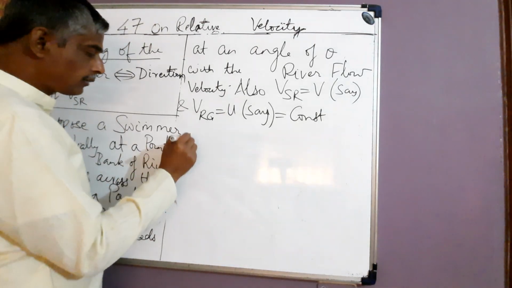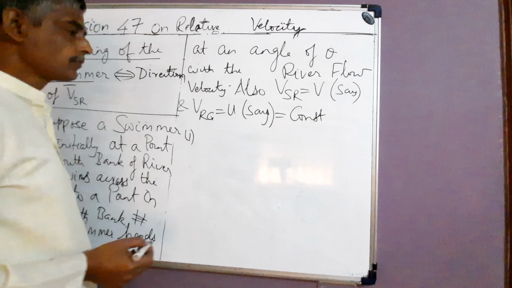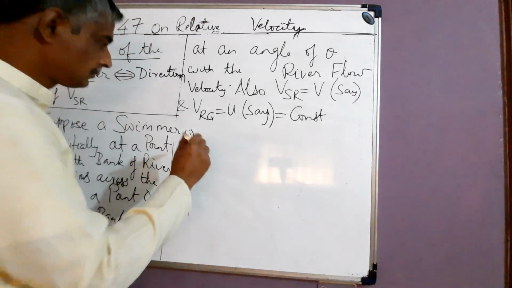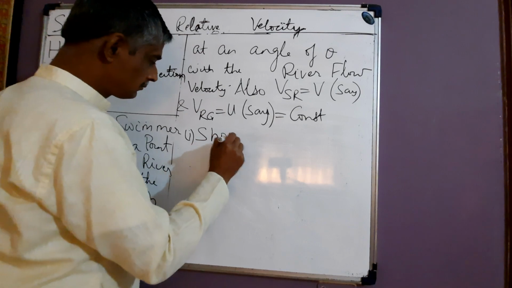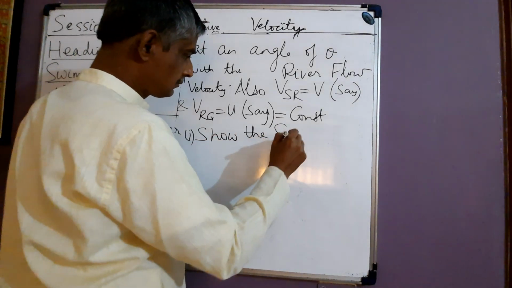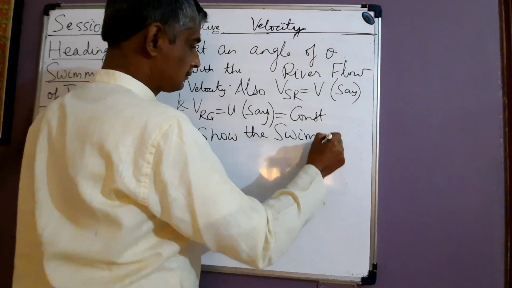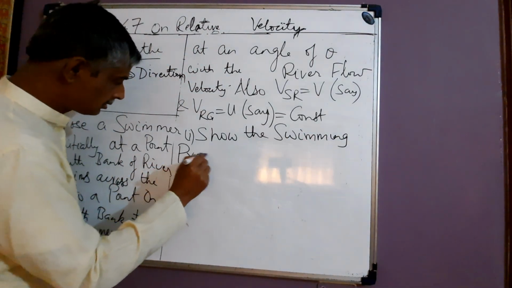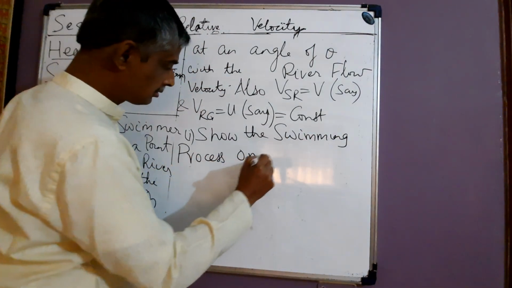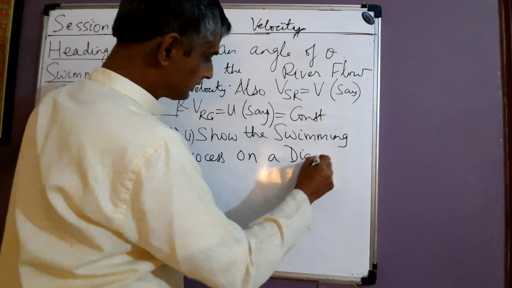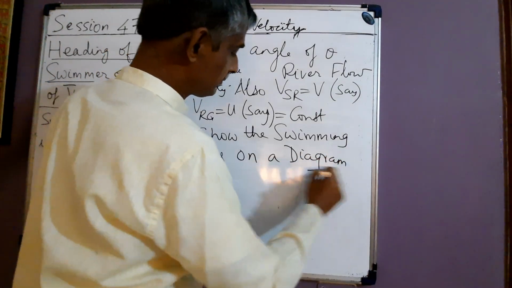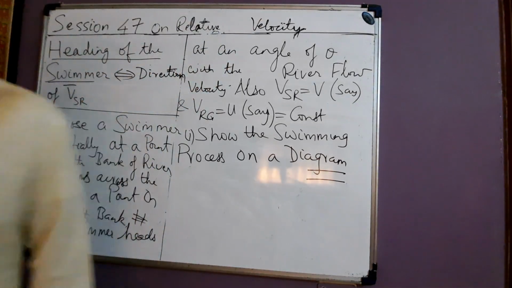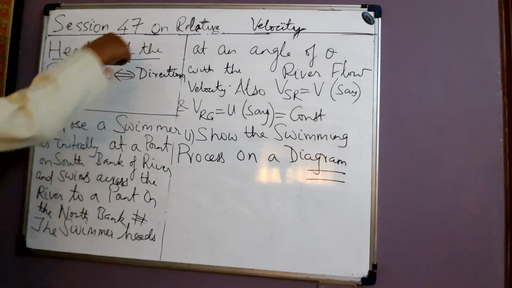So now, first of all, we have been asked to show the swimming process on a diagram. This is the first thing. You have to show the swimming process on a diagram.